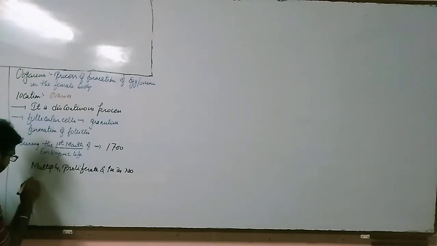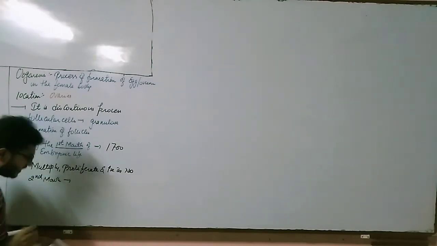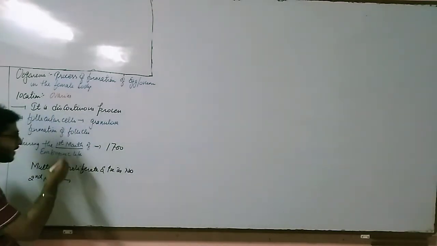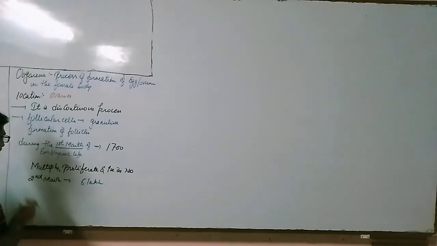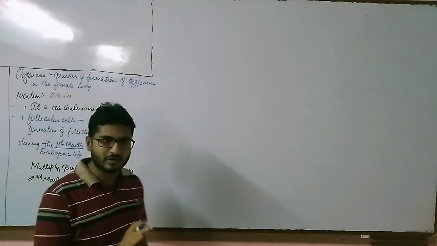And let us say during the second month of embryonic development, these follicles change to 6 lakh. You can see the great increase in the number of primary follicles. Again, proliferation, multiplication and growth of the primary follicles will take place.